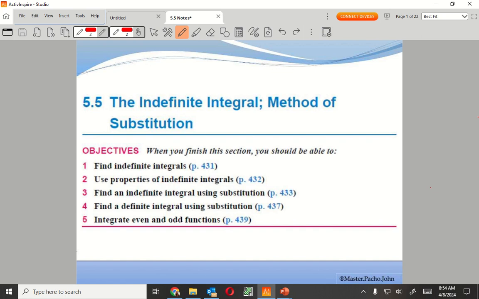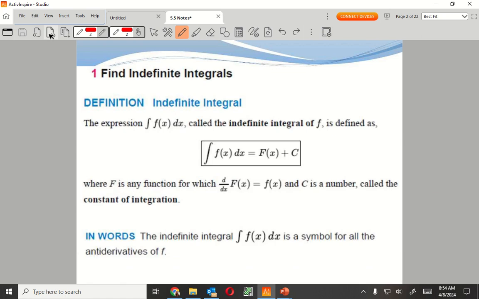Once we get to the substitution part, hopefully it will make sense, and I'm not just talking gibberish. Indefinite integral means I'm taking an integral with no bounds. That's basically it.